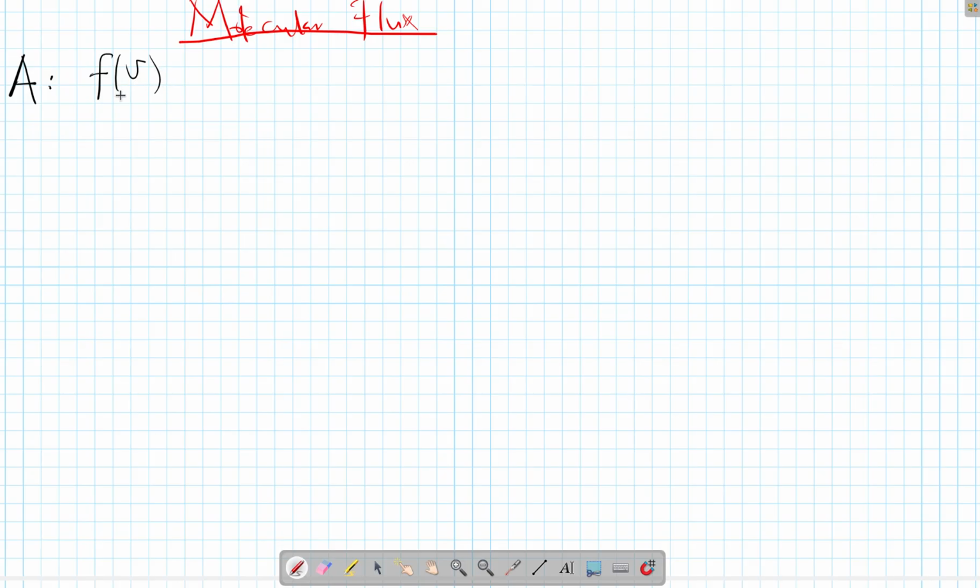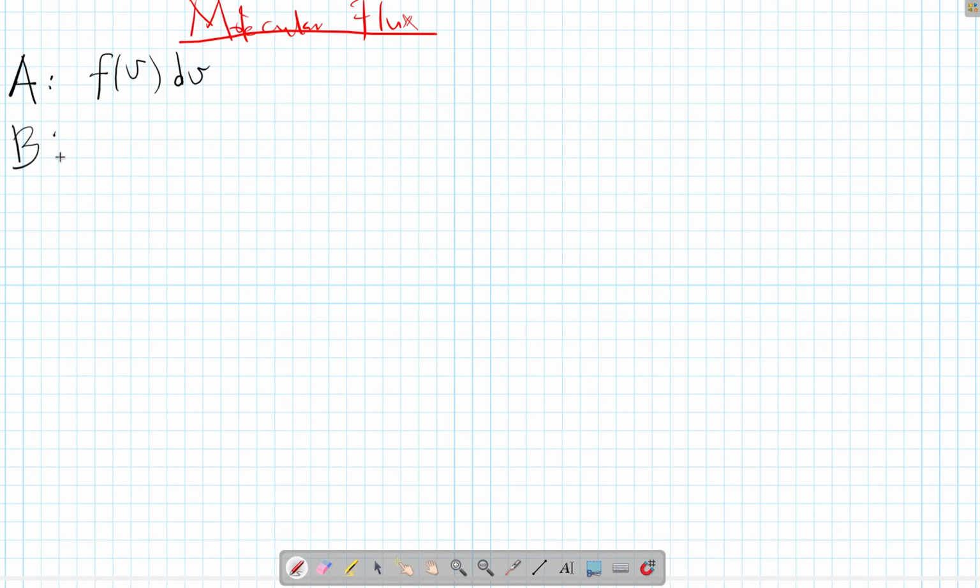This is the probability of finding a test molecule to have speed between v and v plus dv, right? So f of v times dv is the actual probability.